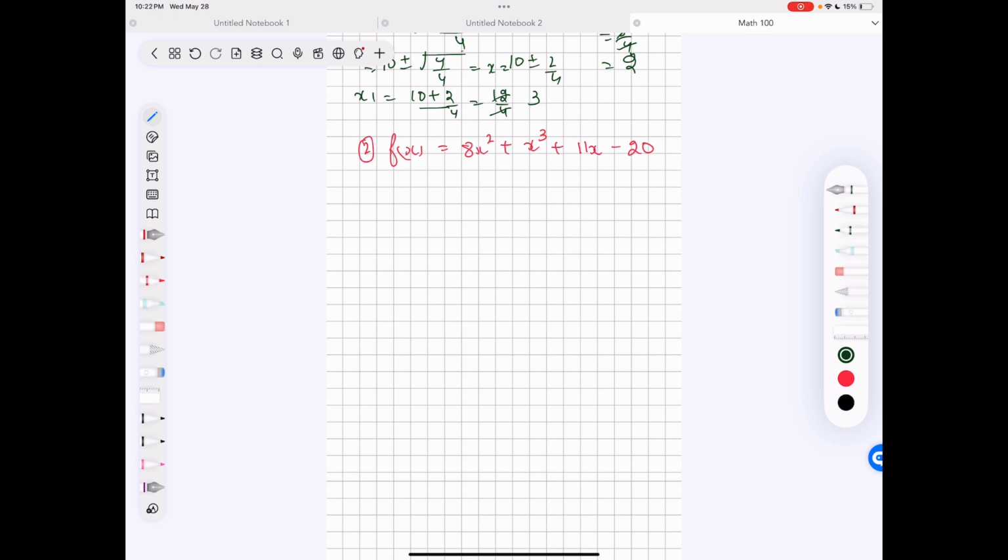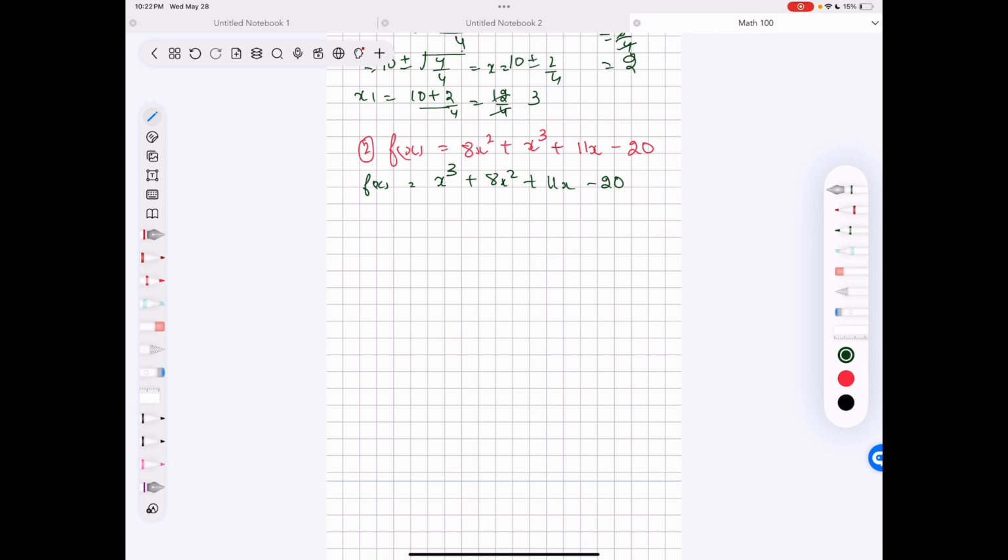First we can see that it is not in descending order, so I'm gonna put it in order first. f of x equals x cubed plus 8x squared plus 11x minus 20.